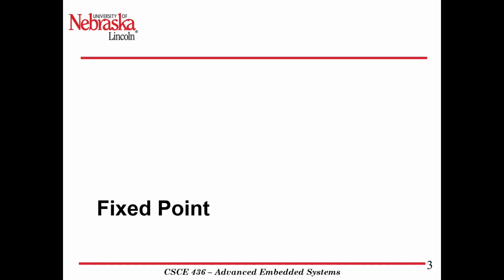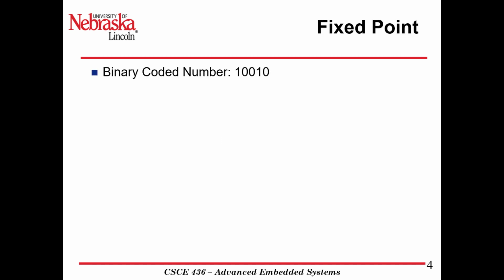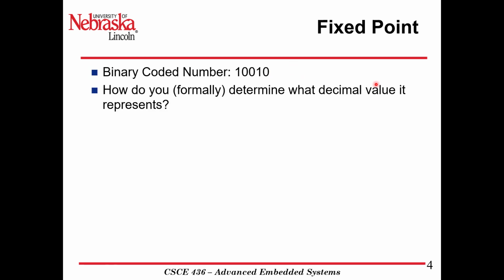First, we'll talk about fixed point numbers, which you already know. You have numbers that are coded in binary. Like this example here, it's 5 bits, but it encodes a decimal number. You can determine the value of that number in decimal by using an equation, right?